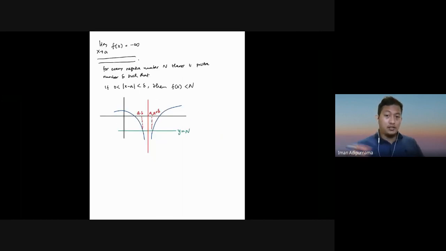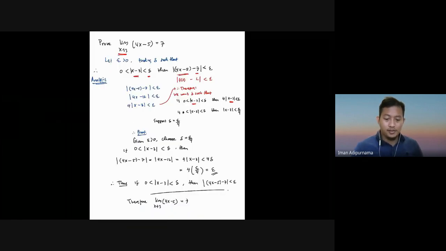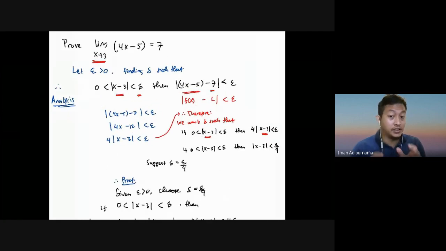Okay, I hope you get my idea here. The precise definition of limit can also be applied to the one-side limit, and also to the infinite limit. And I hope at least you get the idea how to prove this example. This is a really easy limit, and you can understand how to use the precise definition of limit to prove that the limit is true.